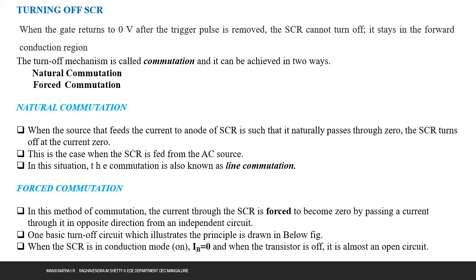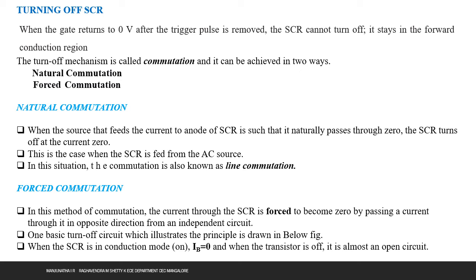So the discussion is over with the switching action. The first case is the SCR turn on, and the second case is SCR turn off. We have completed the SCR turn on condition, and we are moving towards the SCR turn off.